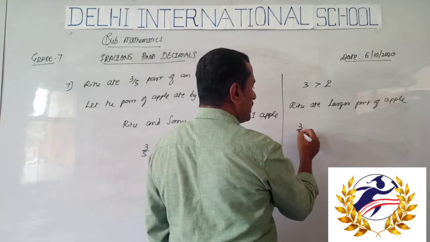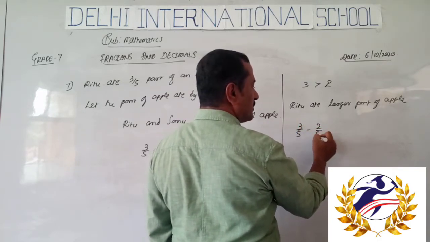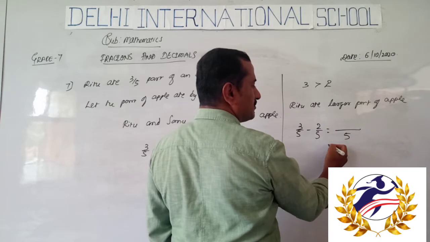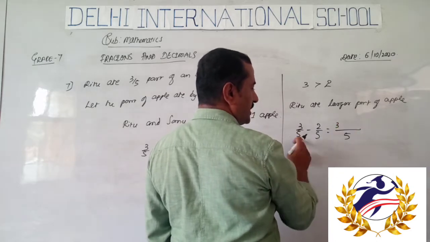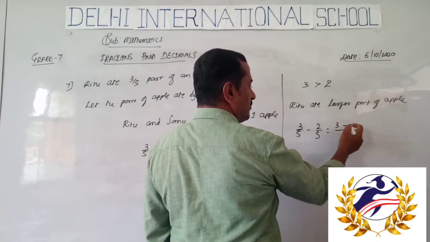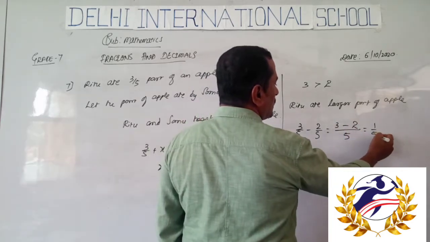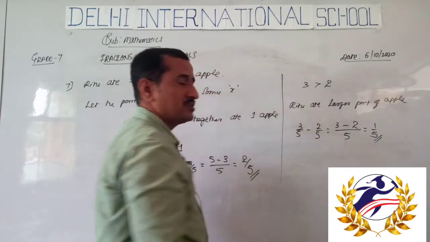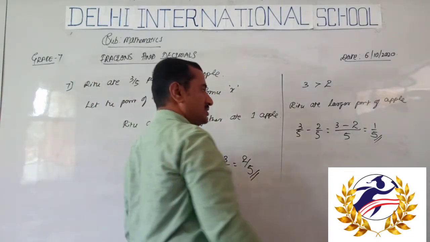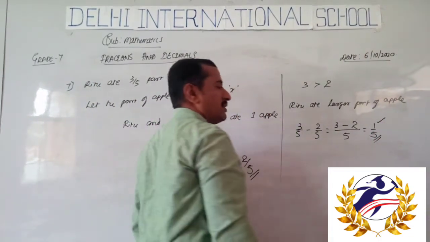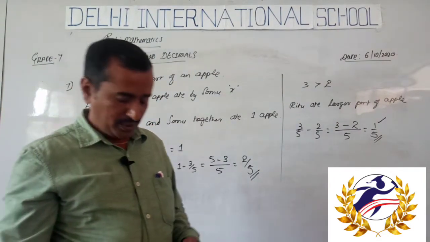So 3 by 5 minus 2 by 5. The LCM becomes 5. 5 divides 5 one time, and 3 is 3, minus 5 divides 5 one time, 2. Gives you 1 by 5. It was larger by 1 by 5 part. I hope it is clear to you.